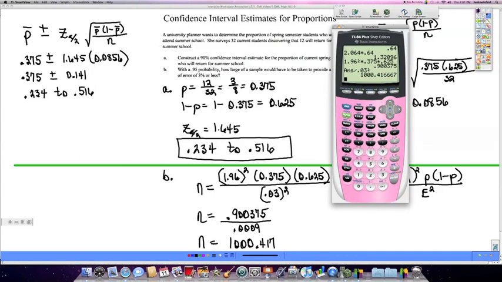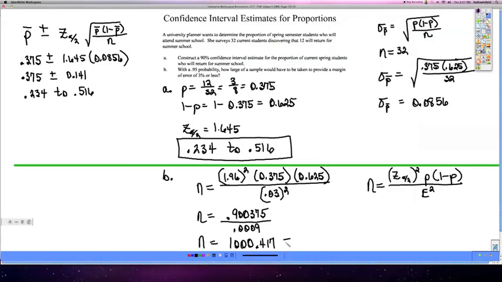The textbook gives this answer to be 1001. And the question may be, why did we round 1000.4 up to 1001?